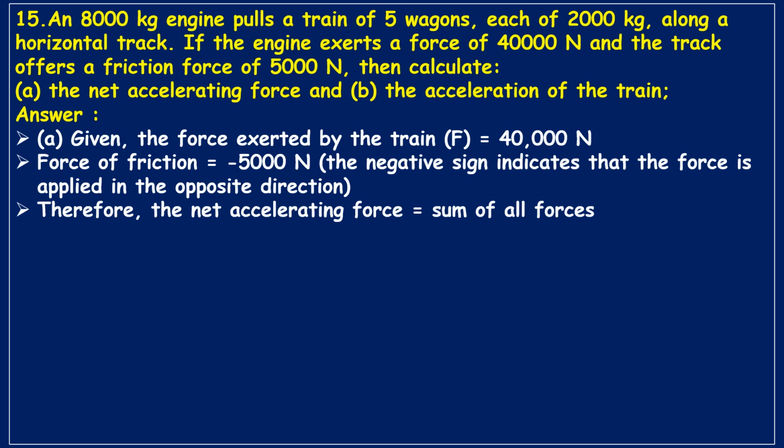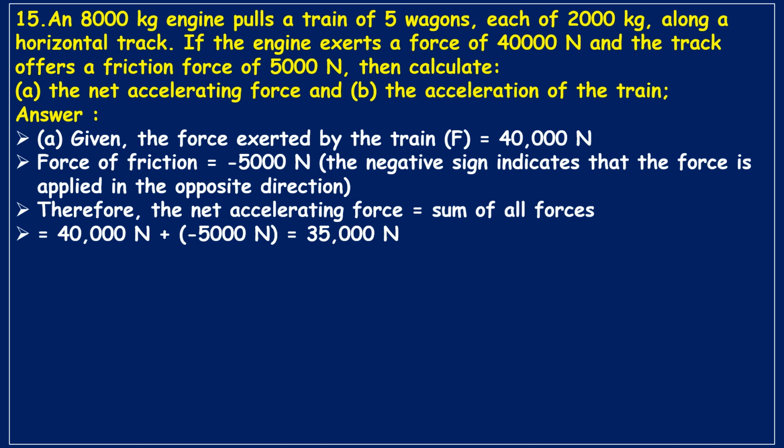Therefore, the net accelerating force on the five wagons is the sum of all forces. Sum of all forces, that means the force exerted by the engine and the frictional force. We have to take the sum of these two forces here.